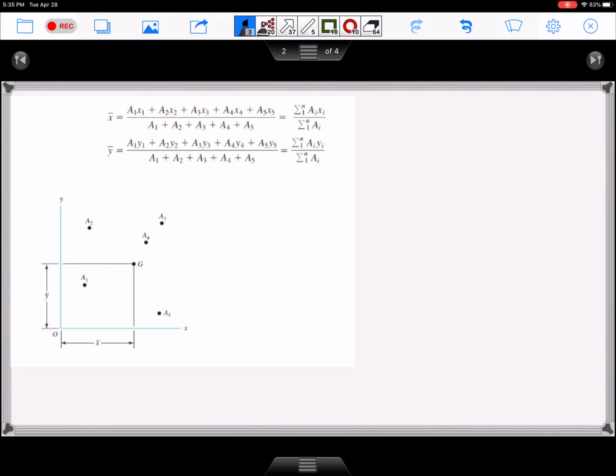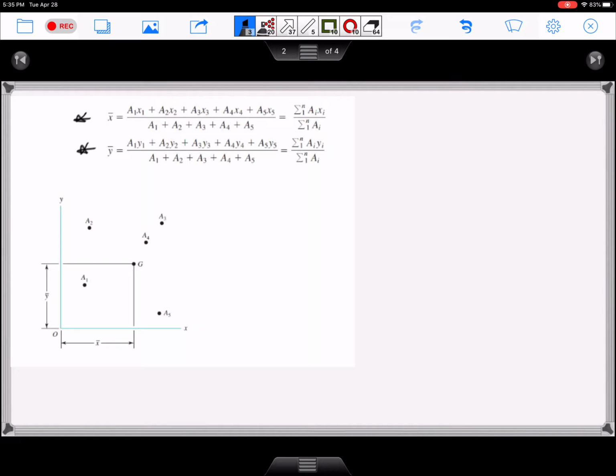In order to do so, you can use these two formulas, just like in statics, where you have to locate the centroid of an object. You basically just follow the formula.